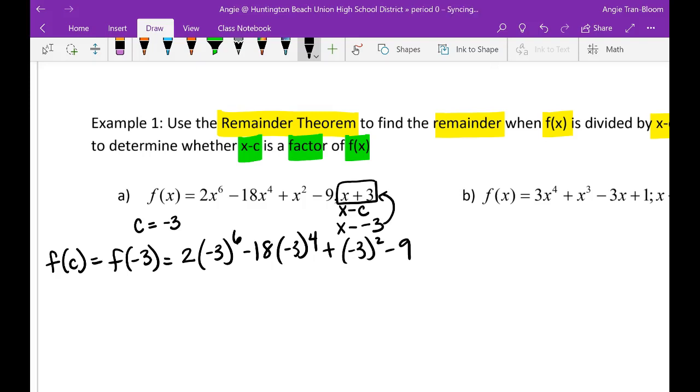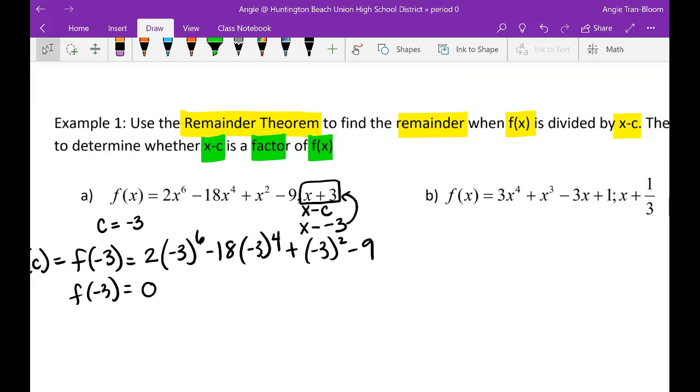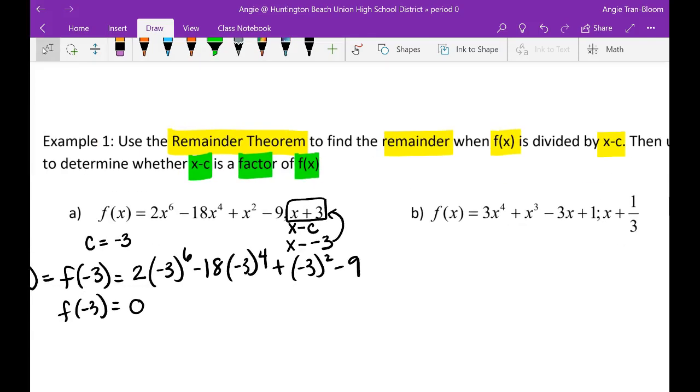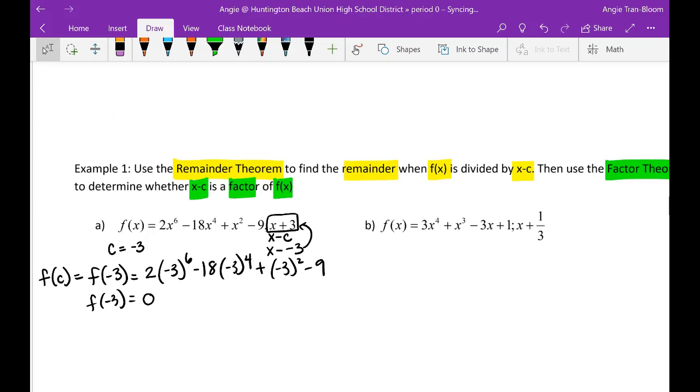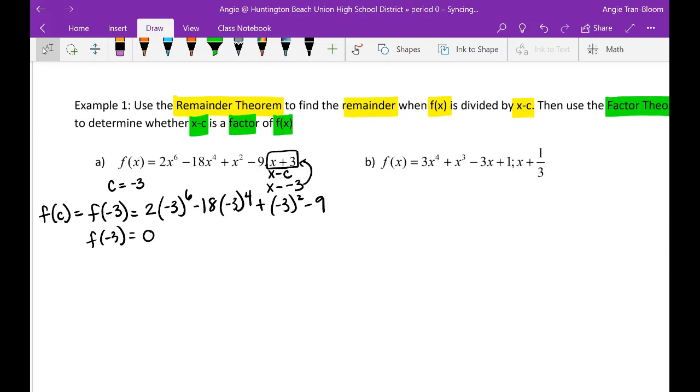You know what f of negative 3 is? It's 0. So what does that mean? You have no remainder. The remainder is 0, or you can even say no remainder.